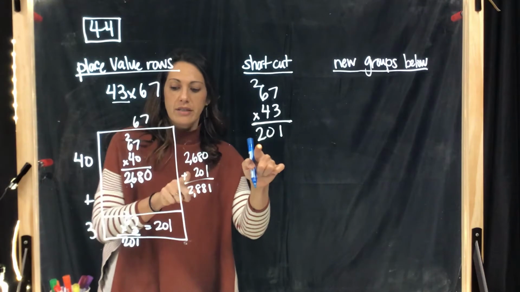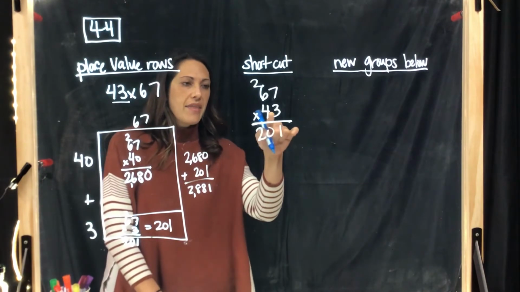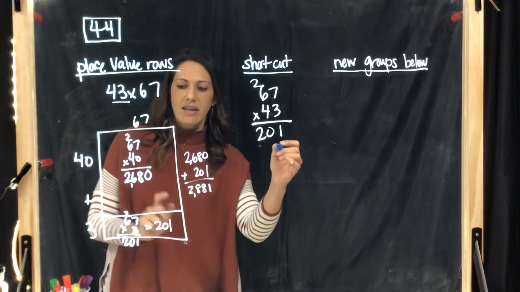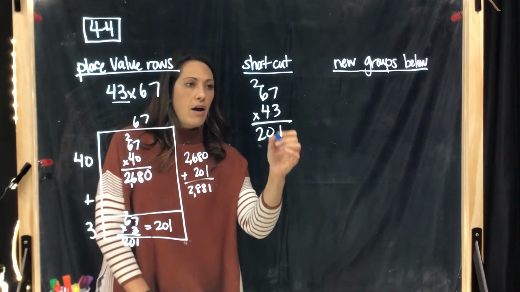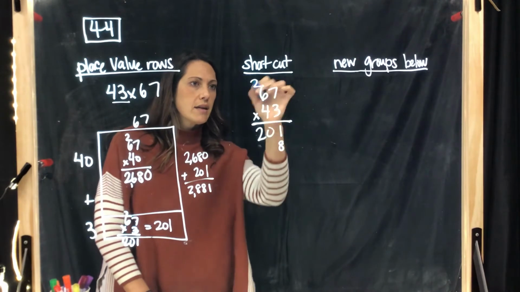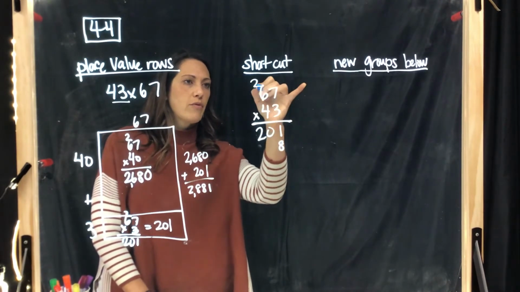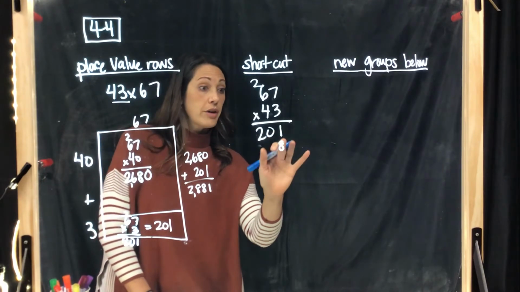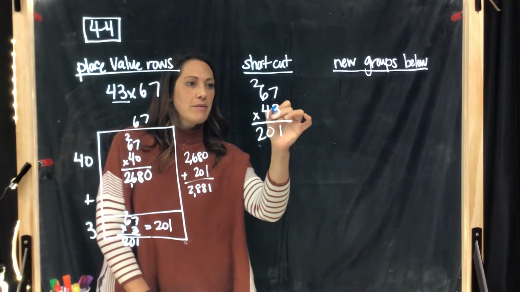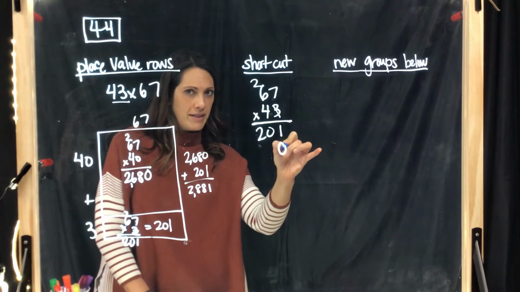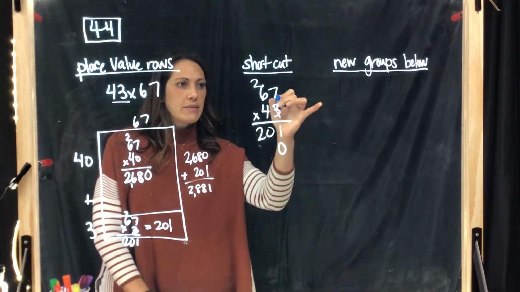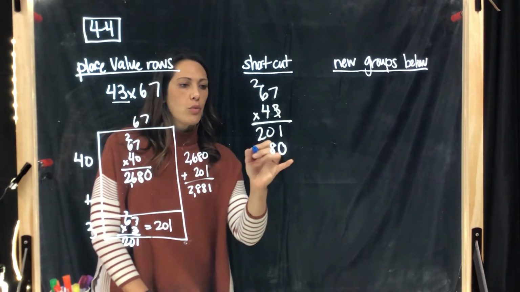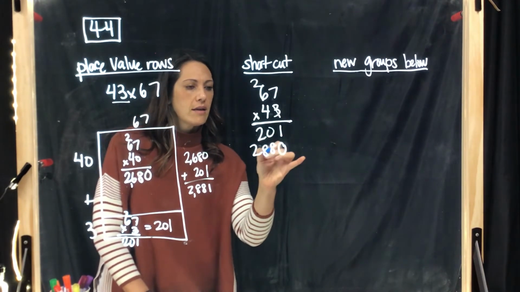This is kind of matching, isn't it? And then the 4, because remember we broke it up, the 40 and the 3. 4 times 7 is going to be probably the same as this. 4 times 7 is 28. 4 times 6 is 24, plus 2 more is 26. Oh, I'm sorry. I forgot. I'm done with the 3, so I need a 0 as my placeholder. 4 times 7 is 28, and 4 times 6 is 24, plus 2 more is 26.